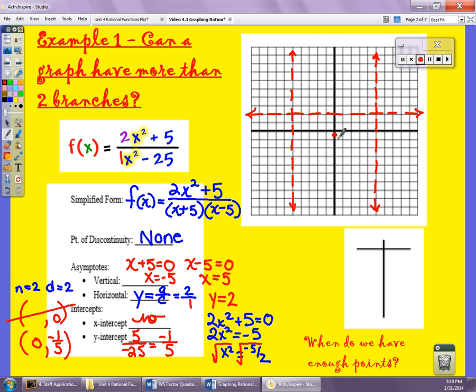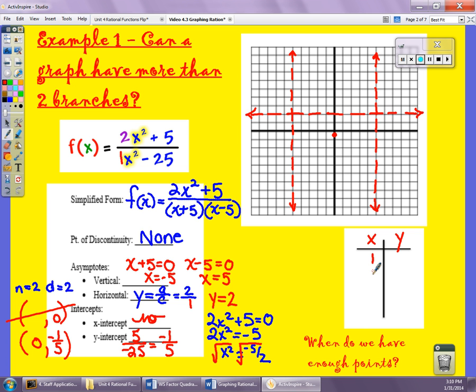Well, we have 1 point on our graph. I think we're going to need a few more. The rule of thumb here is to have 2 points on each side of each vertical asymptote. Since we're in the middle of the graph, let's just stay there right now, and let's see if we can find a couple of values.